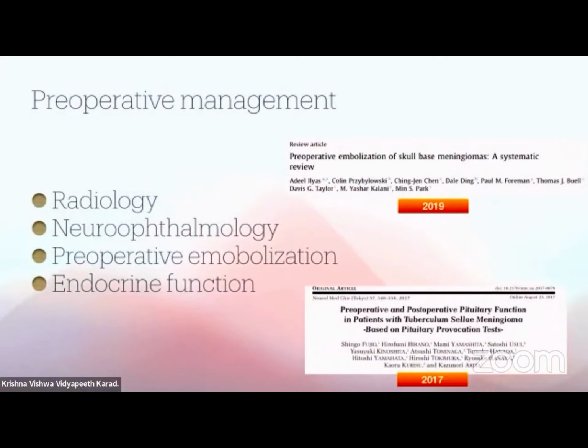Preoperative planning may include preoperative embolization, but a recent systematic review didn't find it of great help, with increased risk of complication in 12% of patients. Endocrinal evaluation is also to be considered, especially if there is medial extension.